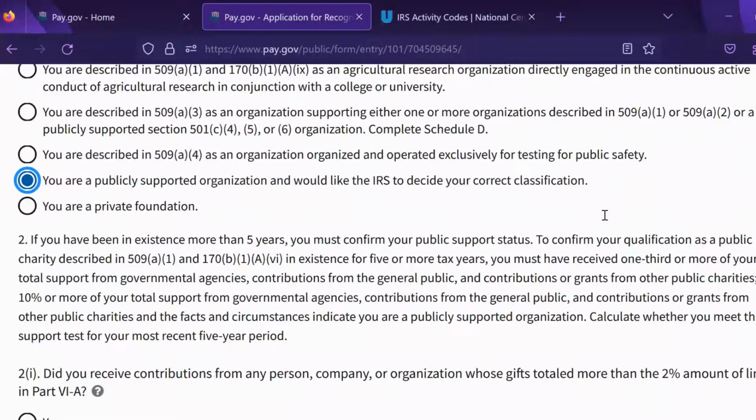Question 2, if you have been in existence more than 5 years, Jane has not, you must confirm your public support status.